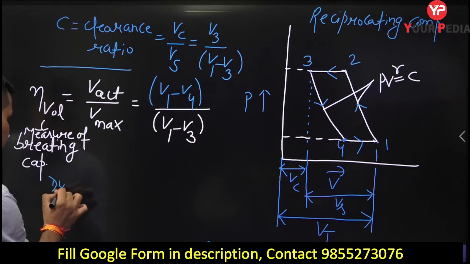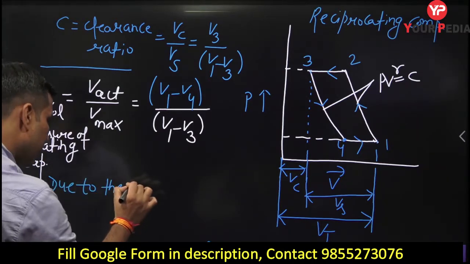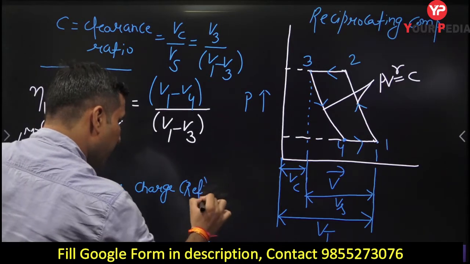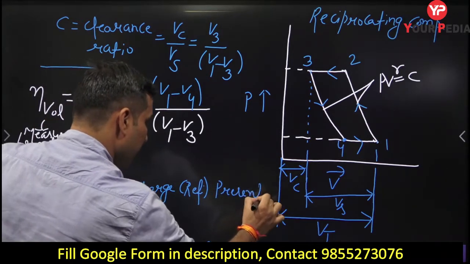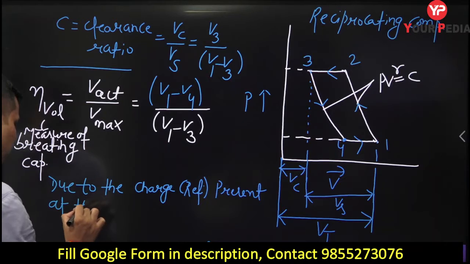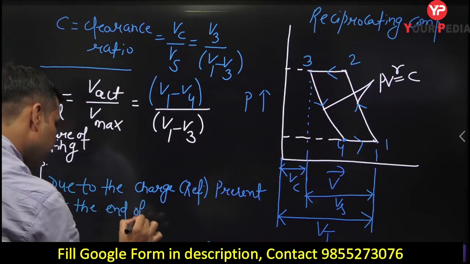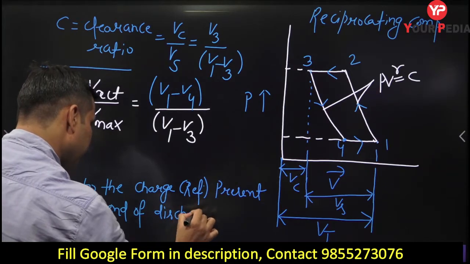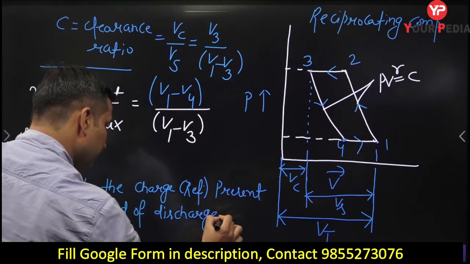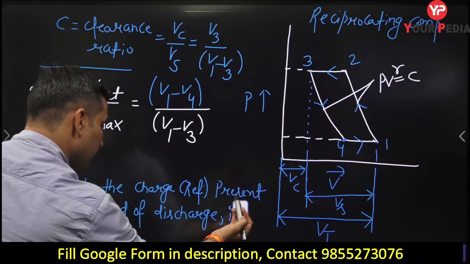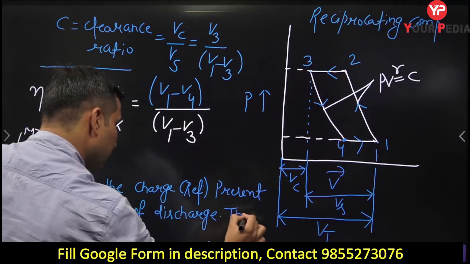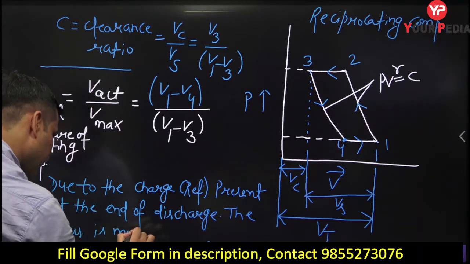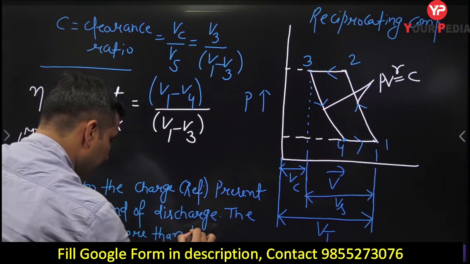Due to the charge present, what does charge mean? Refrigerant. Due to the refrigerant present at the end of compression discharge, it will exert a pressure that is more than the evaporator pressure.